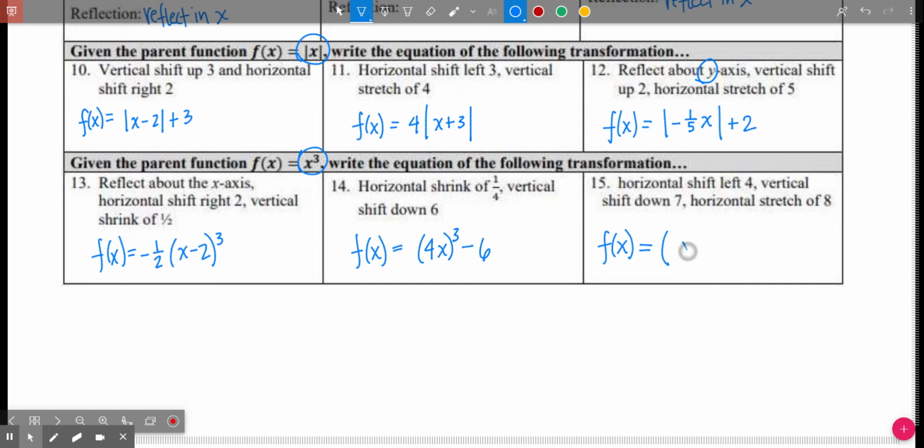So I have x left 4 is going to be my plus 4, but I have to multiply that by 1/8 on the inside of my cube, and then I'm going to shift down 7.